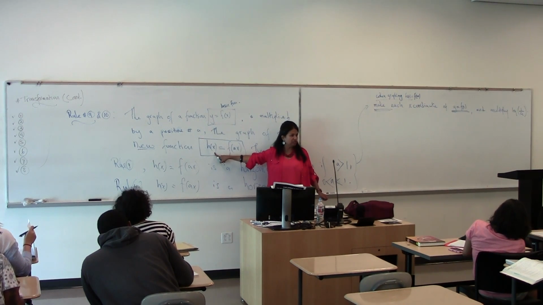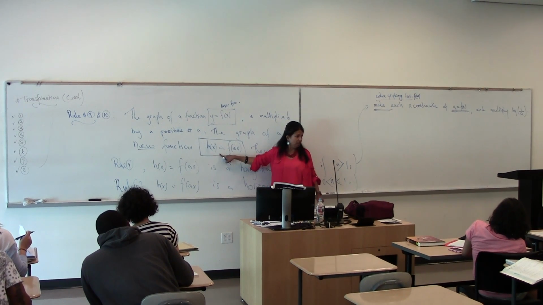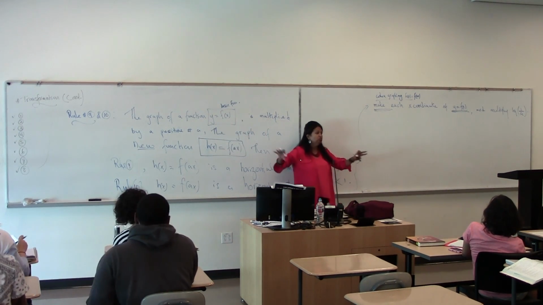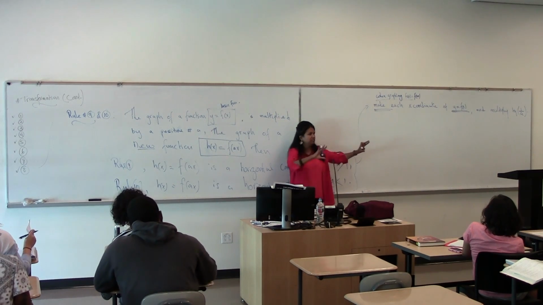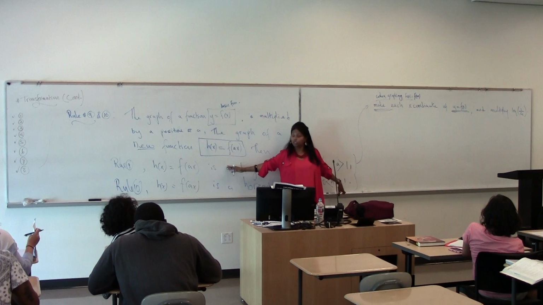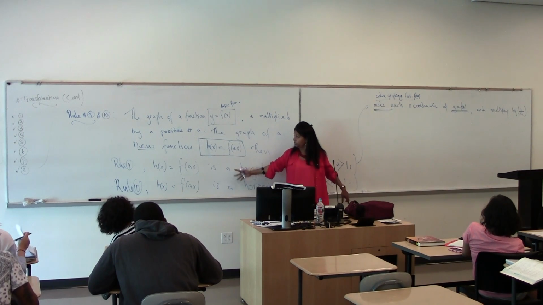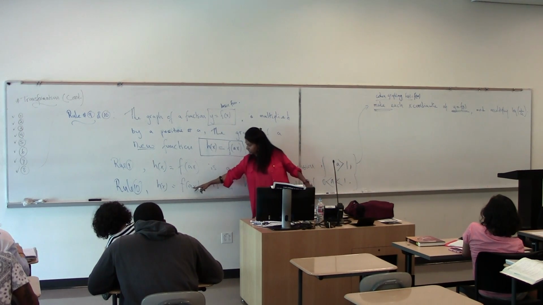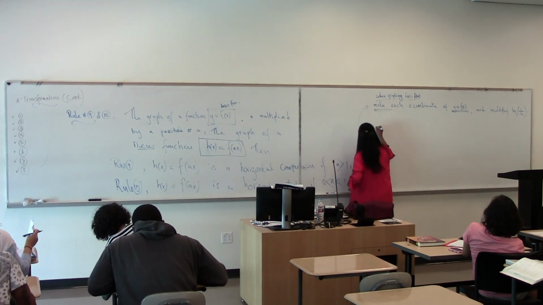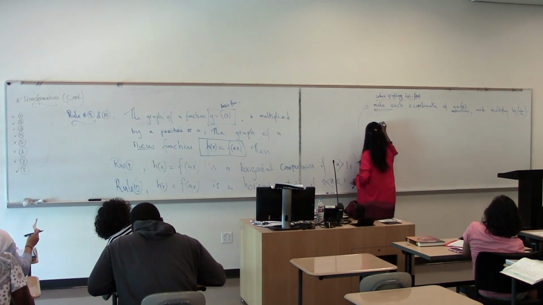We are using the basic function and moving the coordinates using these rules. So these are the two rules we are going to use when the h of x function is given like this.